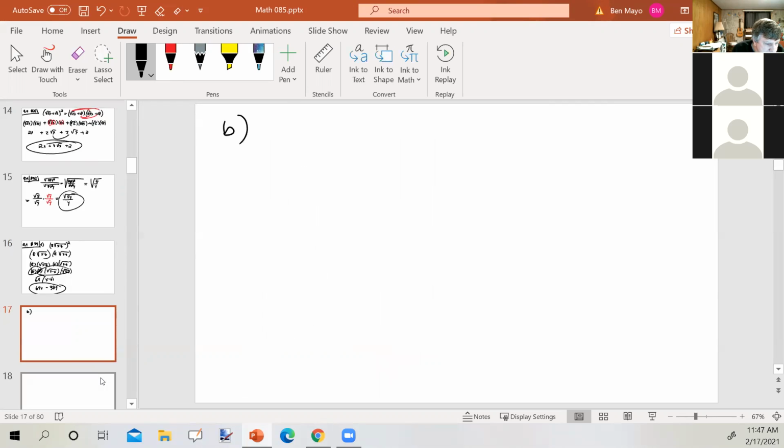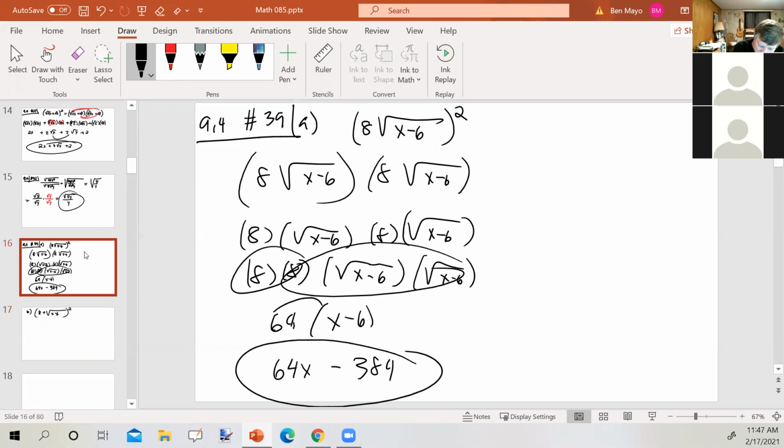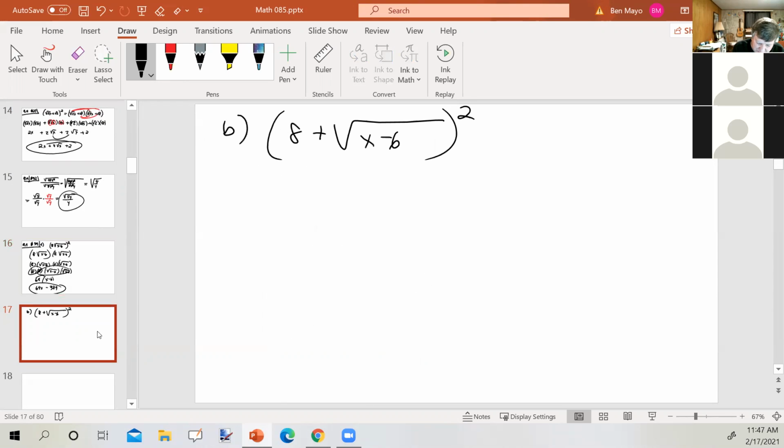And that is 8 plus the square root of the quantity x minus 6 squared. So this first one was 8 times it. This is 8 plus it.